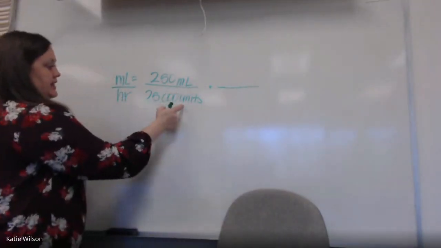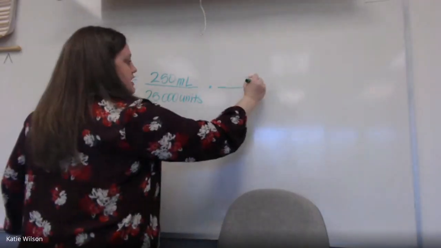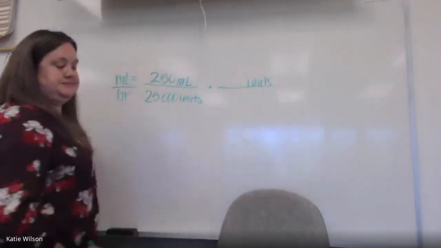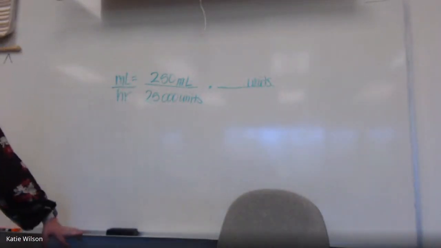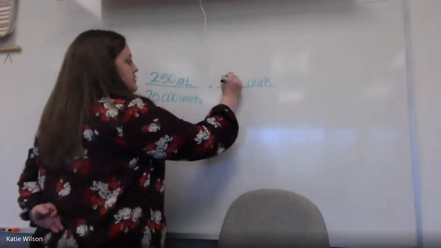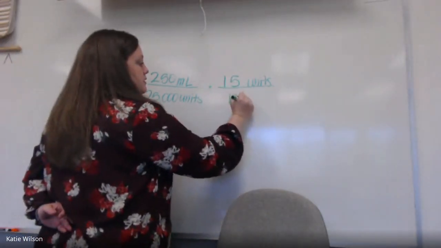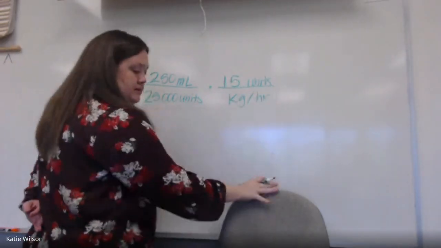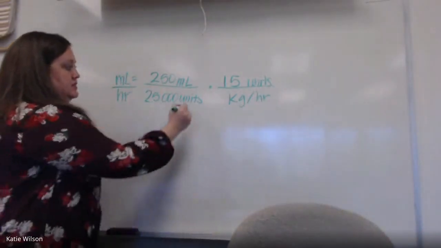I want to cancel out units, so let's put it on top next. What do we know about units? The order is for 15 units per kilogram per hour. Okay, so I got rid of units.